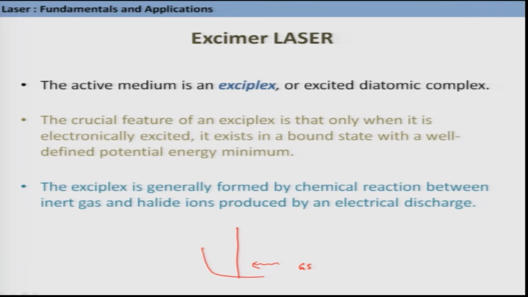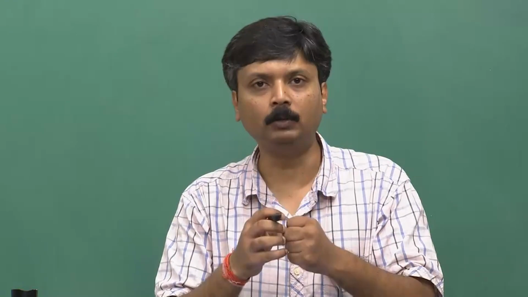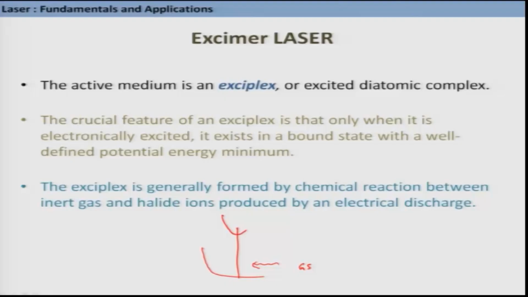The moment they are forming a complex, they have a bound state, and that is given by this. So this corresponds to my exciplex. It can be Excimer also, and this is the ground state, which is an unbound state, which means two constituents A and B are two separate entities. Here you have AB. So this is the concept of exciplex.